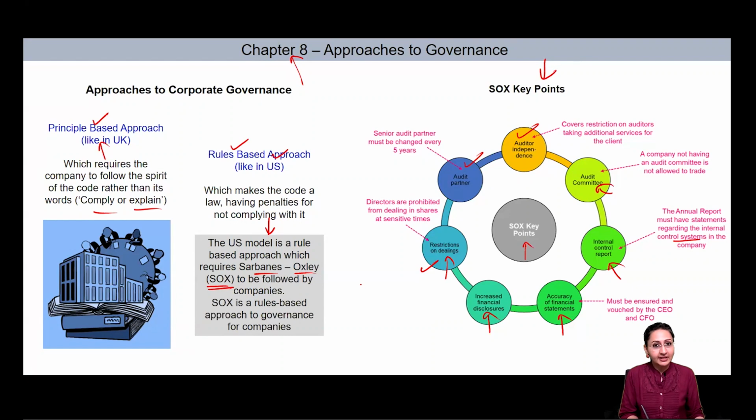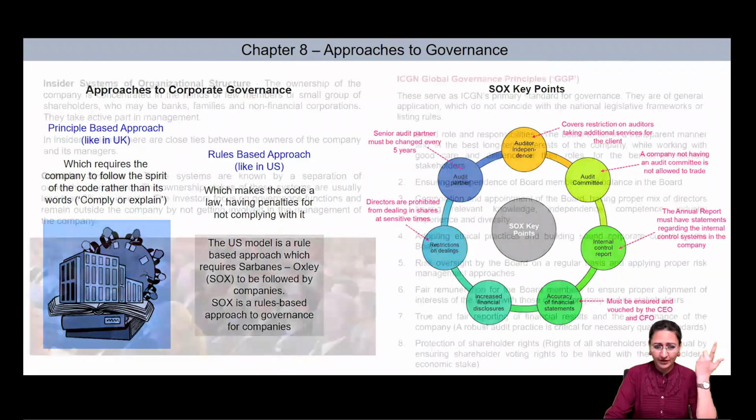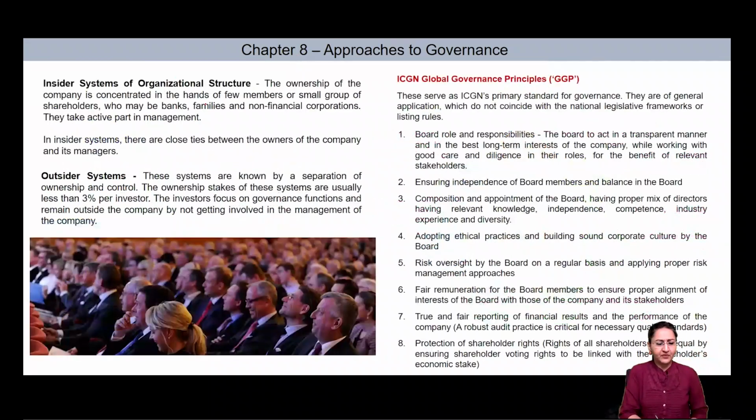Then the audit committee must exist in a company, and this company should clearly define that these are the people who are there in our audit committee. These are the key points of SOX. You need to remember them as far as possible. If the question comes, do mention them.